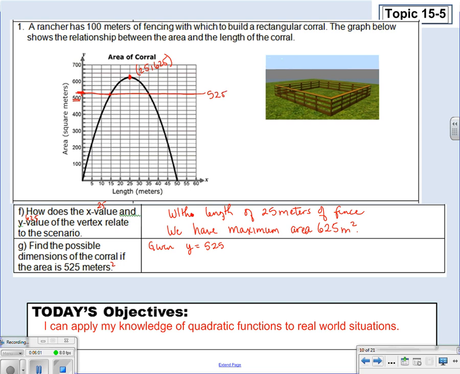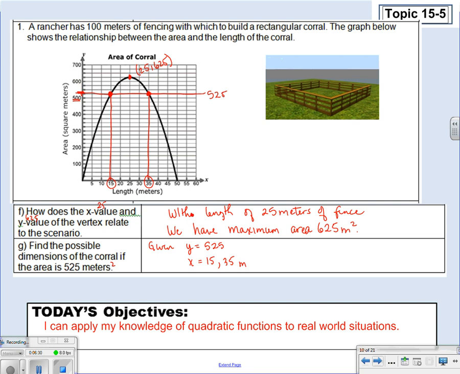Now I'm going to find on my parabola where 525 intersects that parabola. From there, I can come on down and see that this gives me a length of 15 meters. So if the area is 525, I can have a length of 15 meters, or notice I could also have a length of 35 meters.